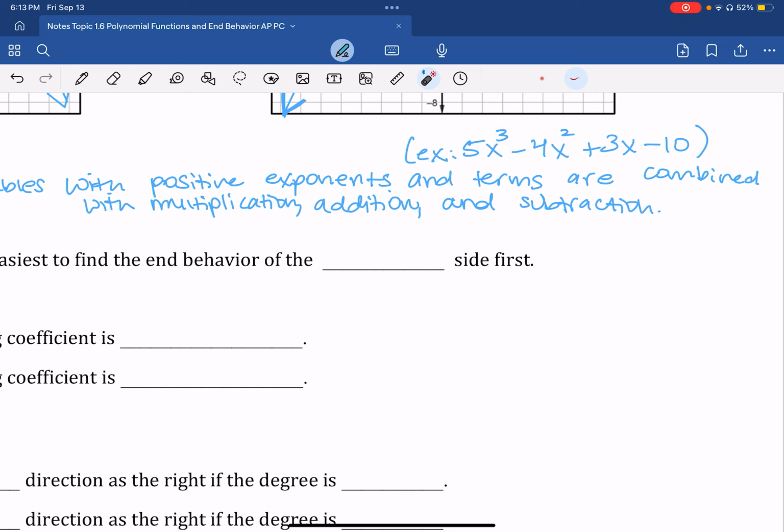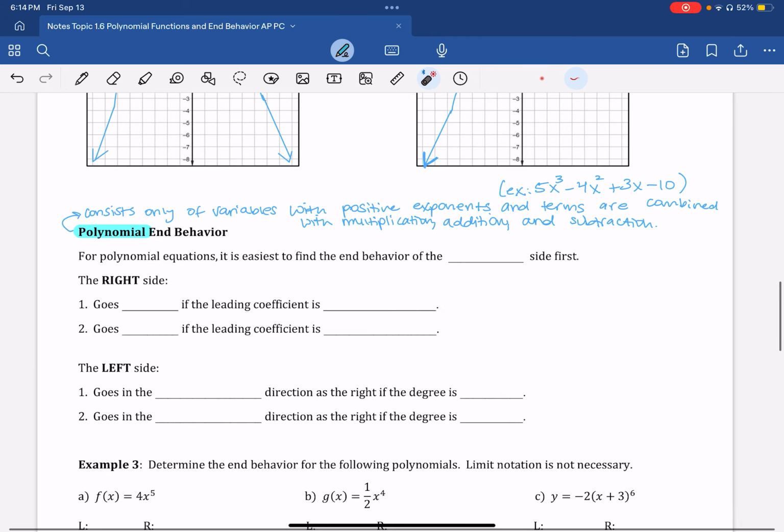What would not be a polynomial is something like this, where you have a negative exponent. And you also can have something like this, where your exponent is a variable. Okay, so it needs to be positive integers, so positive numbers as your exponents. Okay, and then no division.